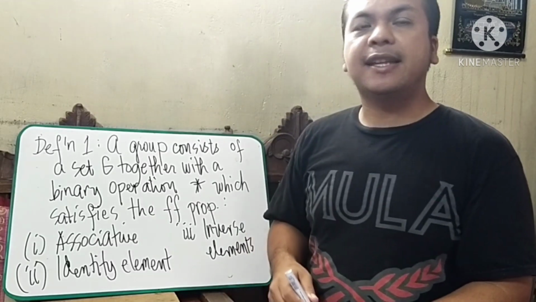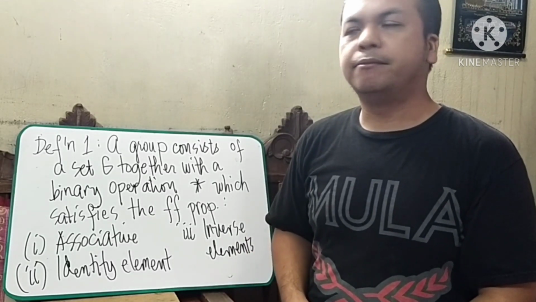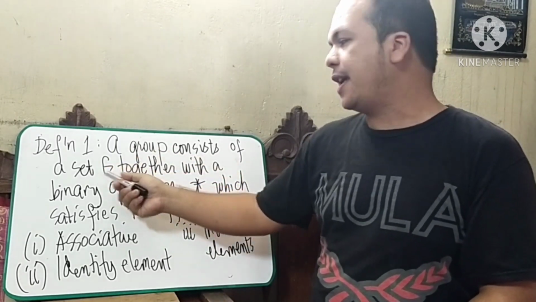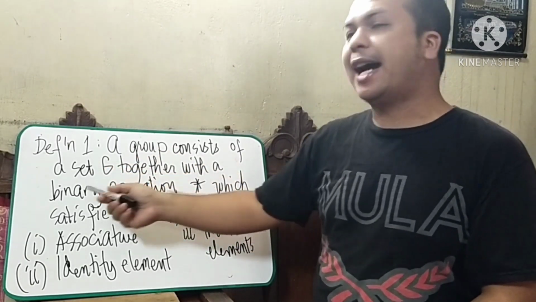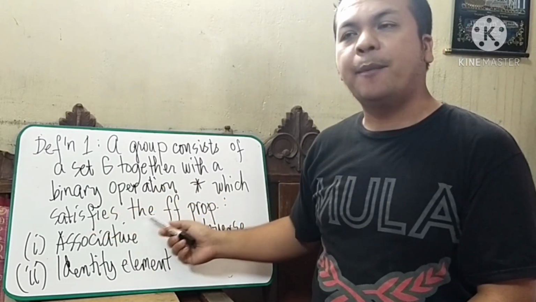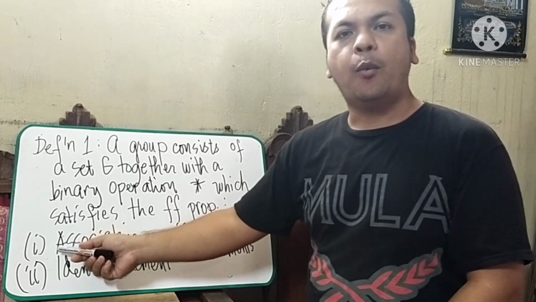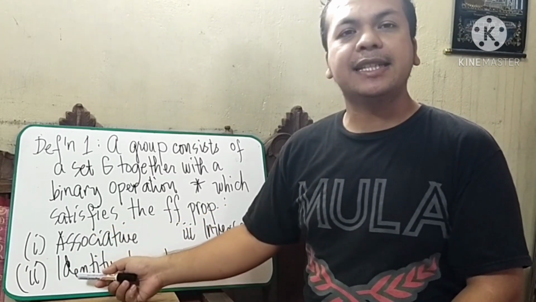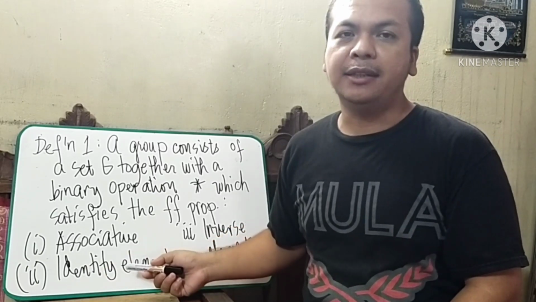Now, let us define what is a group. A group consists of a set G together with a binary operation star which satisfies the following properties. 1. Associative. 2. The existence of an identity element.